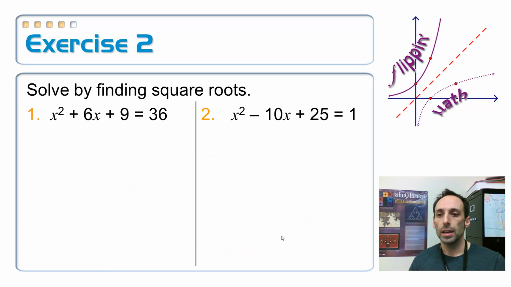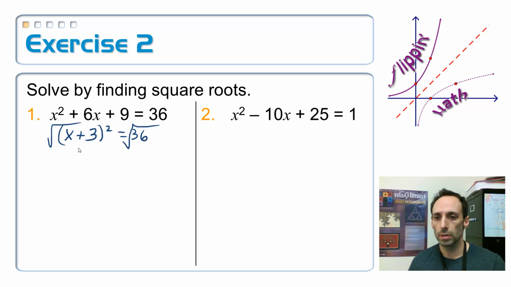So, the technique, again, is to make the left-hand side a perfect square trinomial, and then take the square root of both sides. But on number 1 here, that's already the case. I already have a perfect square trinomial on the left side. This is x plus 3 squared equals 36. So now let's take the square root of both sides.